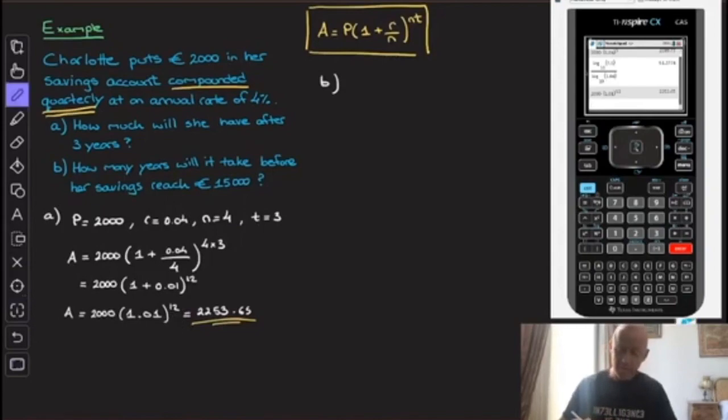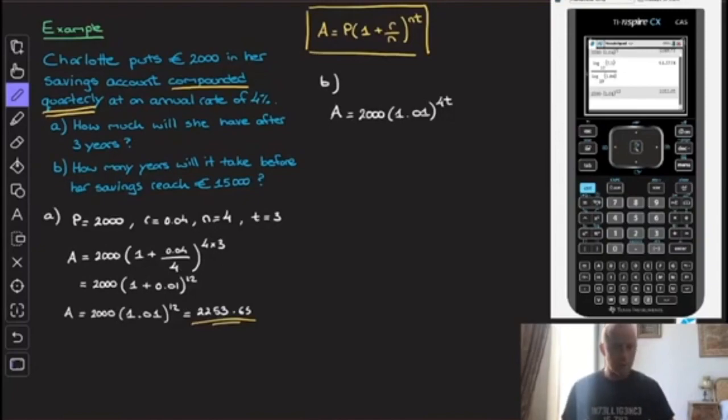So to save us a bit of time, I'll go right ahead and say that the amount Charlotte will have after T years will be A, which equals 2,000 times 1.01 raised to the power of 4t. Okay, that's our formula for calculating how much money she has aside after t years.